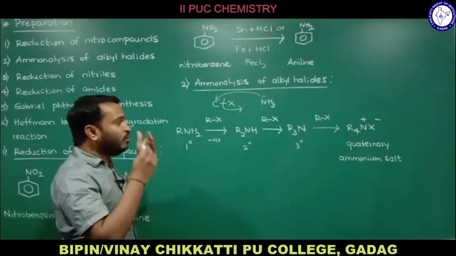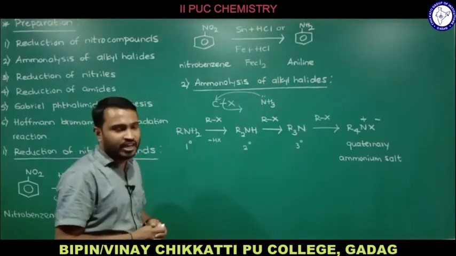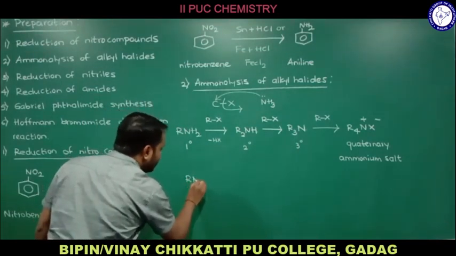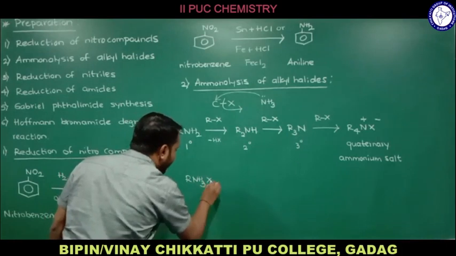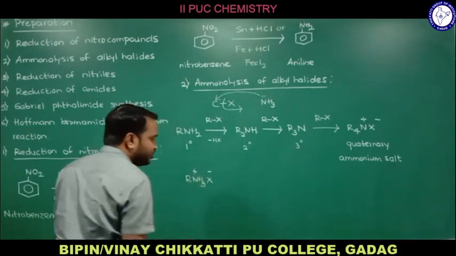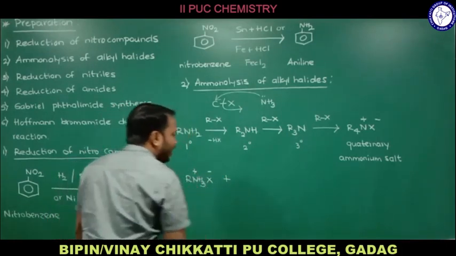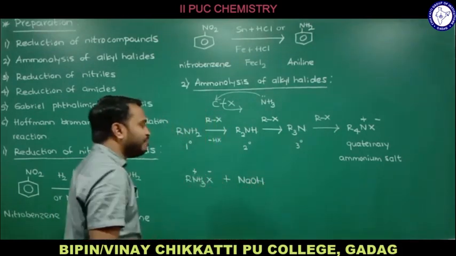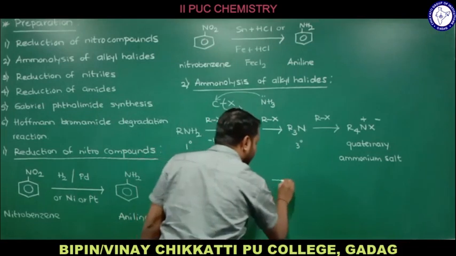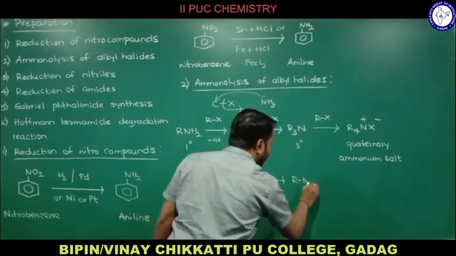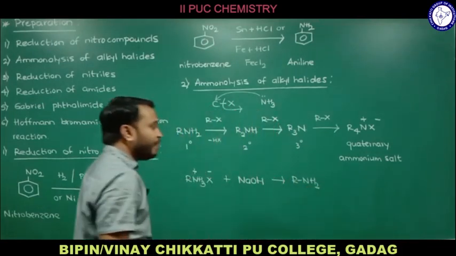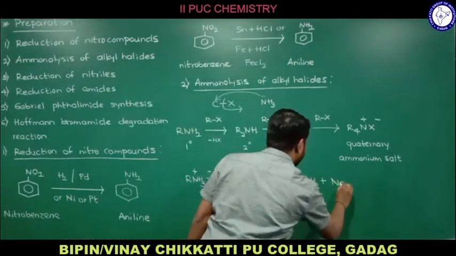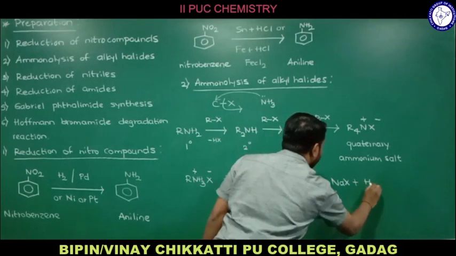Whereas if you want to free the amines, we have one method for that. Here I am going to consider RNH3+X-, which we react with a strong base, that is sodium hydroxide, and in this case we get RNH2, the primary amine, and some byproducts: we get NaX and H2O.